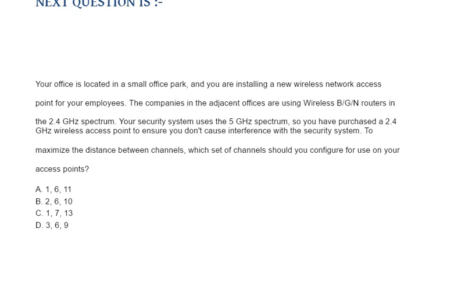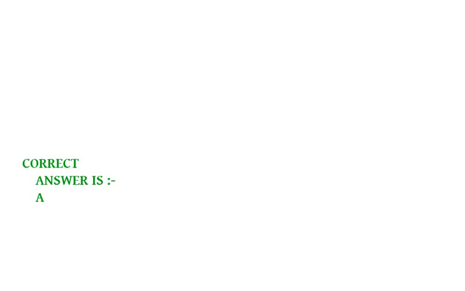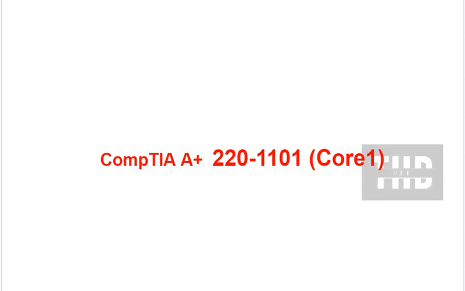To maximize the distance between channels, which set of channels should you configure for use on your access points? Option A 1, 6, 11, Option B 2, 6, 10, Option C 1, 7, 13, Option D 3, 6, 9. Correct answer is option A.